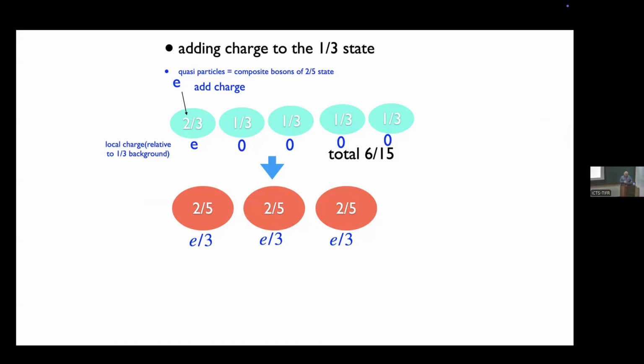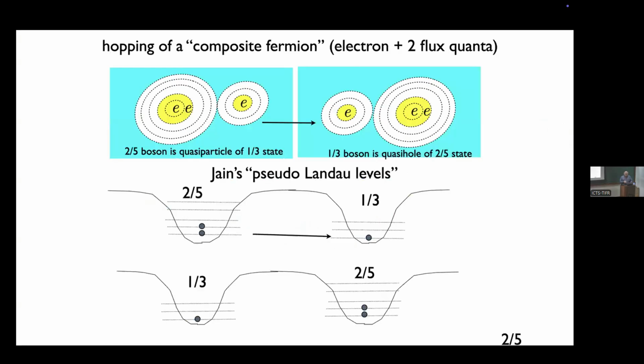And the 2/5 droplet I showed is actually the quasi-particle of the Laughlin state. So if I lightly dope the Laughlin state, I've got a low density of these 2/5 objects, which are not condensed, because the charge does not move by the flow of the 2/5 droplets. It moves by the hopping of a composite fermion between these.